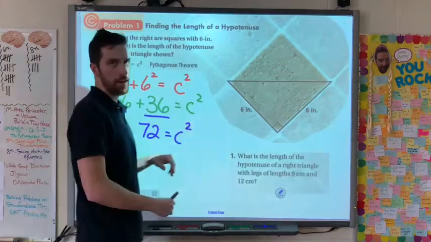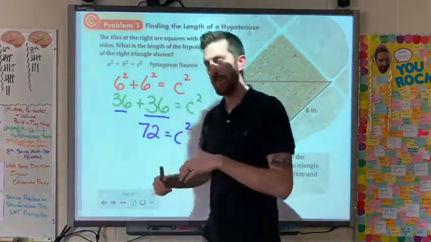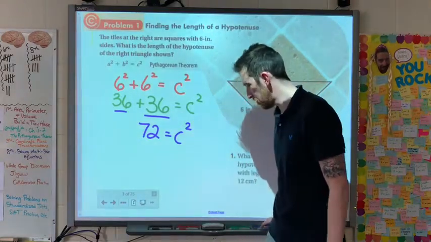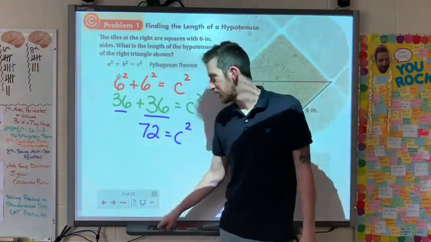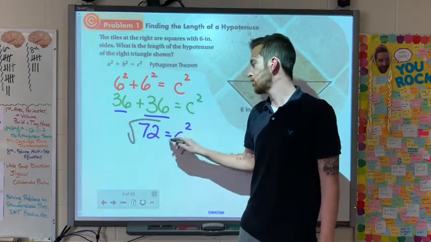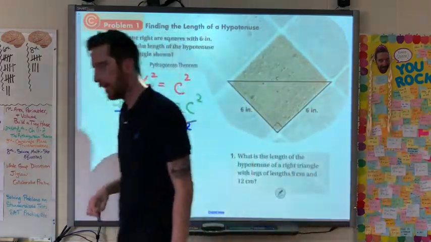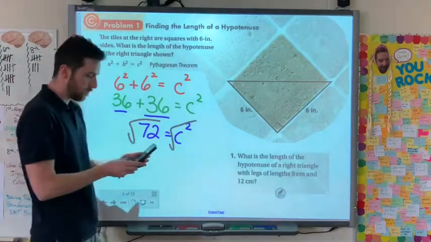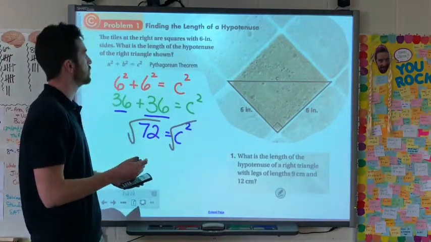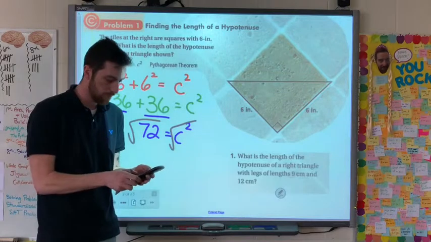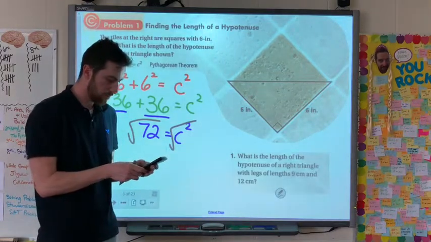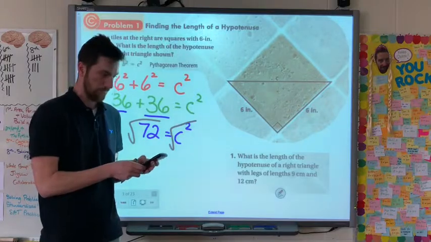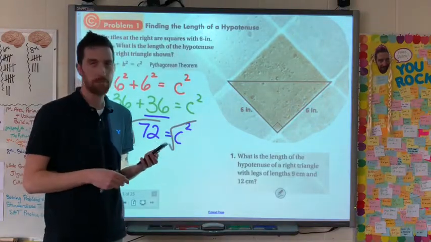Now we've got one extra step. We know that the inverse of squaring something is square rooting. So to get rid of C squared and just find C, we square root both sides. Let me grab my calculator. The square root of 72, does it tell us where to round? It doesn't. So the square root of 72 comes out to 8 point blah blah blah.